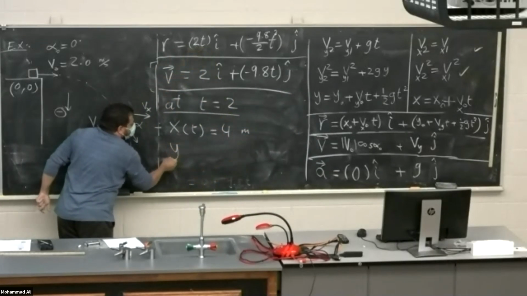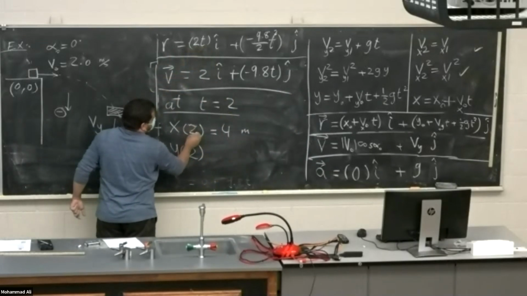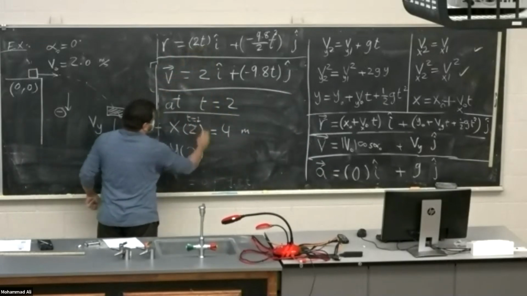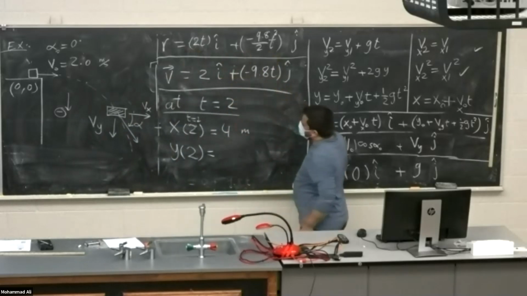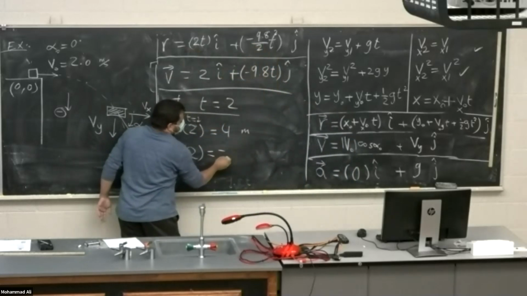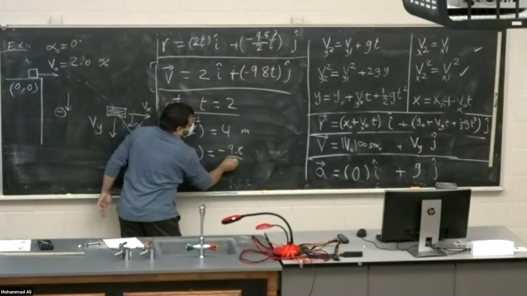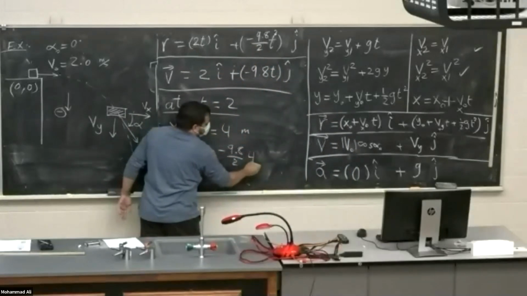What is y of 2? T equal to 2. You need to use this part. It is negative 9.8 over 2 multiplied by 2 squared, which is 4.